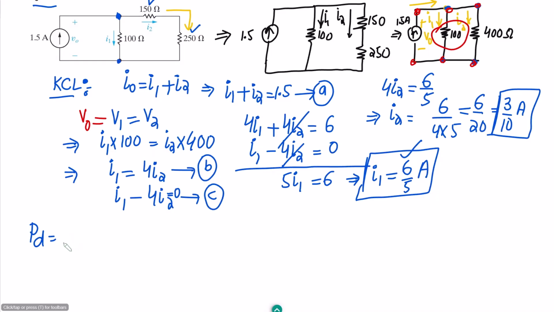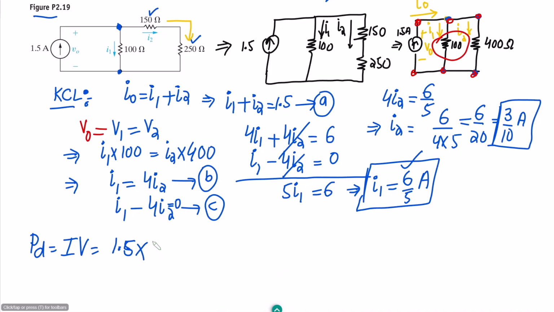So applying the rule P equals IV, we need to find the power which is developed. The value of I is known, that is 1.5, and the value of voltage, which is V0 here, is also known, and we have found it out. So let me write the value 120.